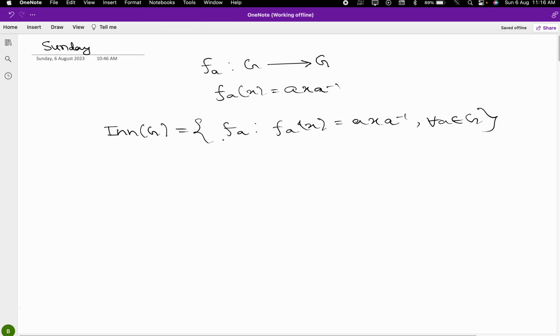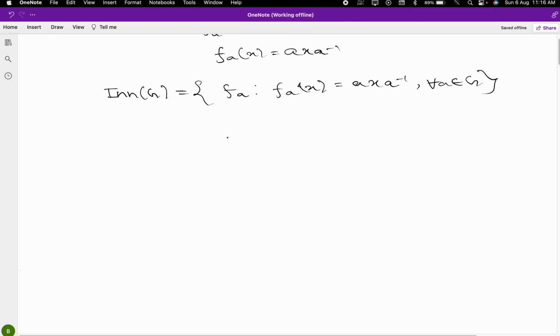Can you verify that this is going to be a group? Verify yourself; the verification is very easy. Inn(G) is actually a group.